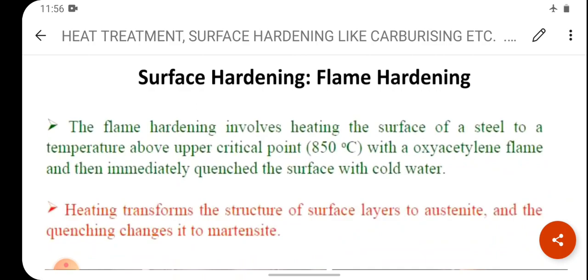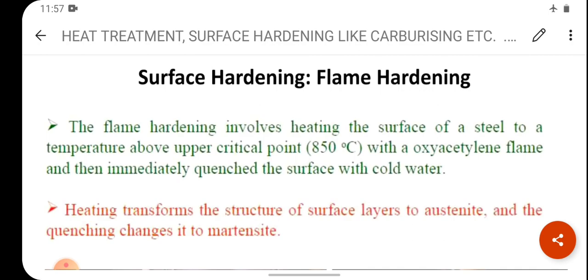The flame hardening involves heating the surface of a steel to a temperature above upper critical point, that is 850 degrees Celsius. What is critical point?